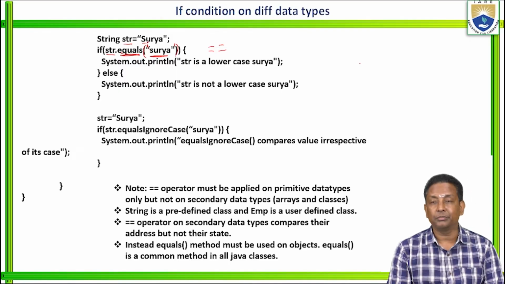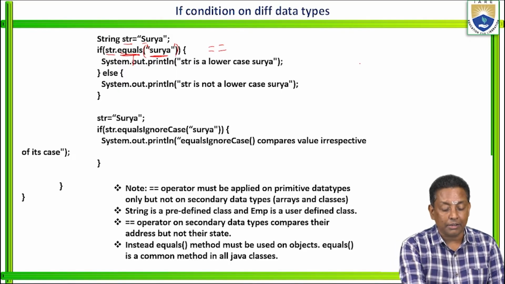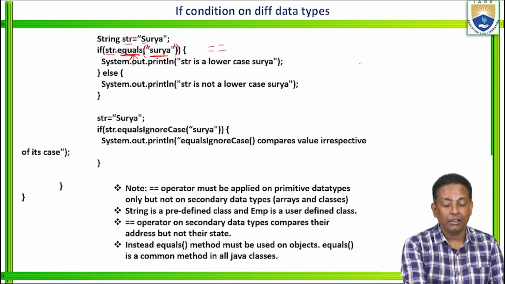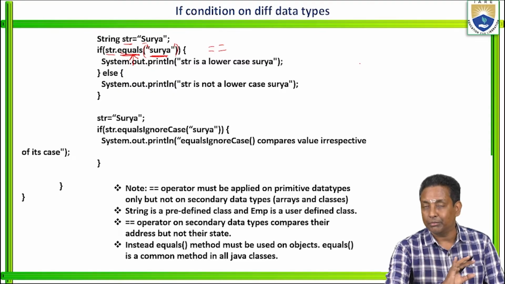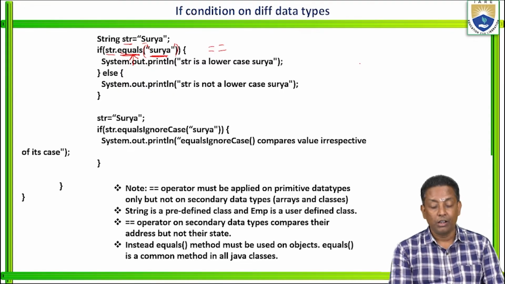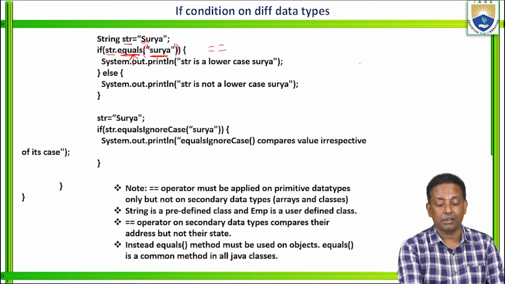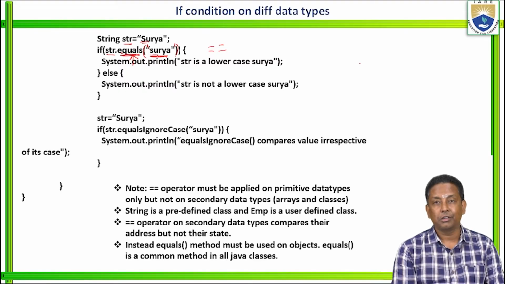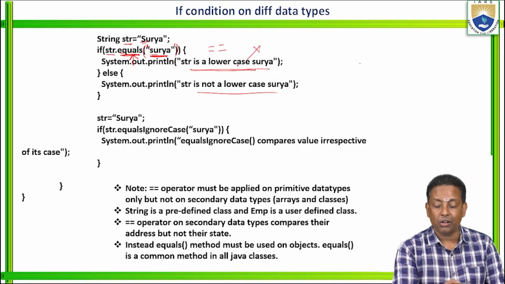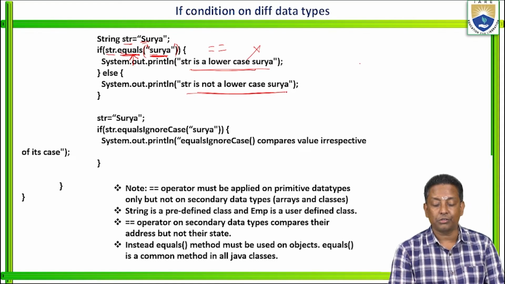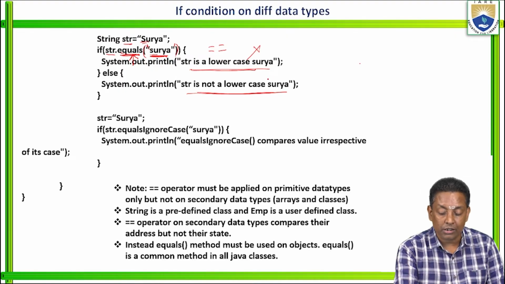Here S is capital. The equals method will check the str value and this value with exactly the same case. If the cases are not the same, the condition will not be satisfied. Here S is a capital letter S, and there S is a small letter s, so the condition fails and this statement will be printed: Str is not a lowercase Surya.